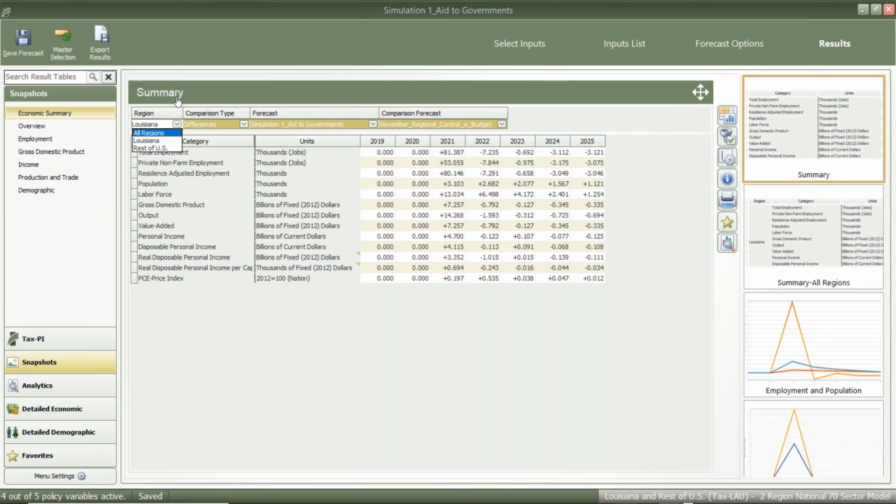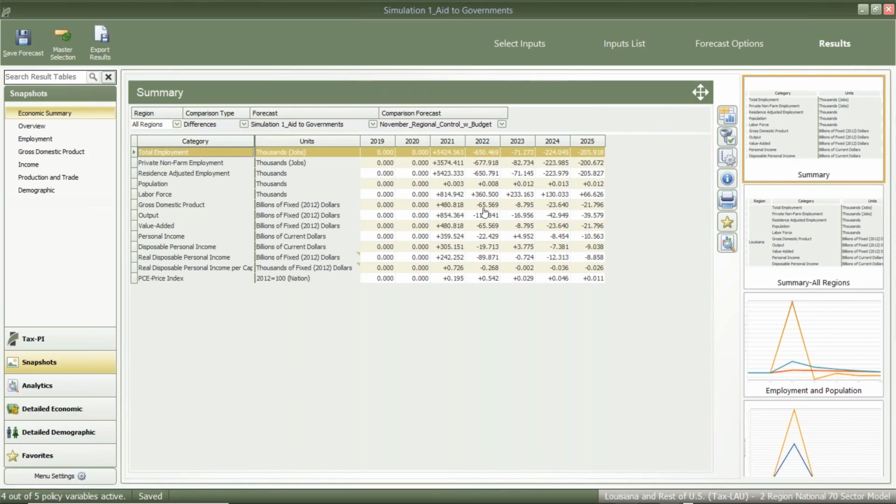And I can set the region to all regions, so that will show the national level. And here, as Fred already mentioned, we have a 5 million job increase. So that means normally a 200 billion fiscal stimulus will have a significant economic impact. So we'll bring back about 5 million jobs in total.